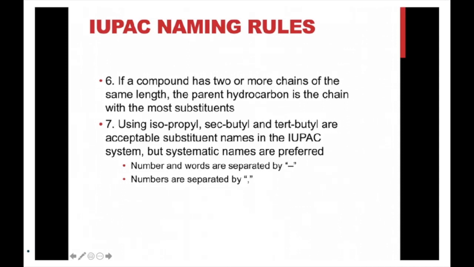The IUPAC way of naming things gets really complicated really fast, in terms of we start putting things with parentheses and brackets and stuff, and I don't ever expect you to be able to name like that. So isopropyl, sec-butyl, tert-butyl let us name bigger substituents so we don't have to do all the nitty-gritty naming.